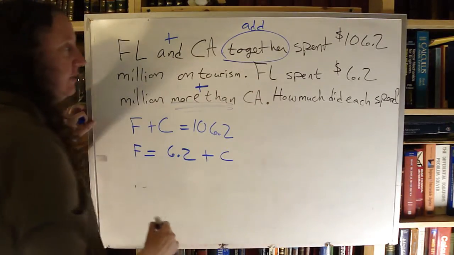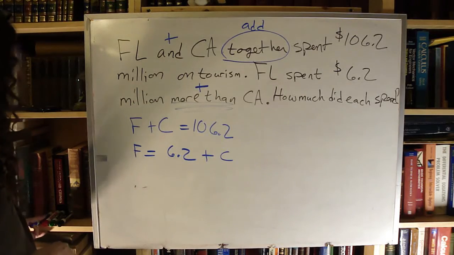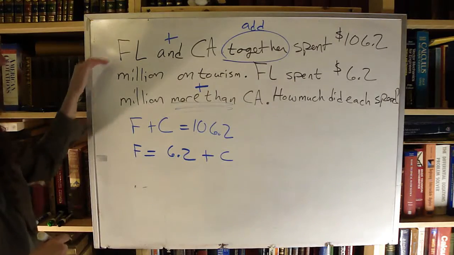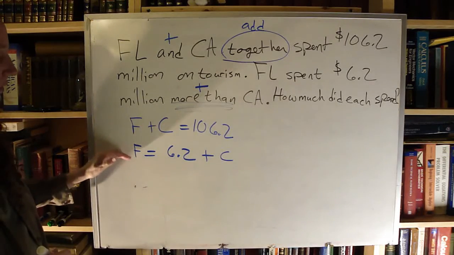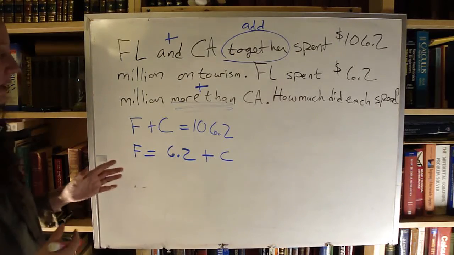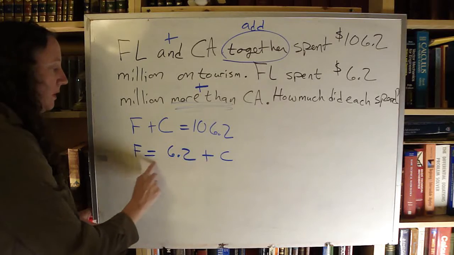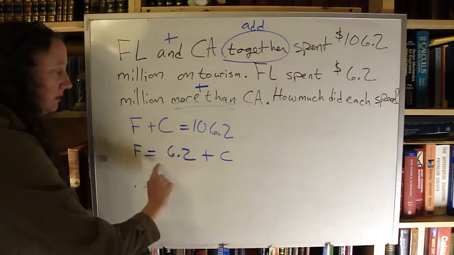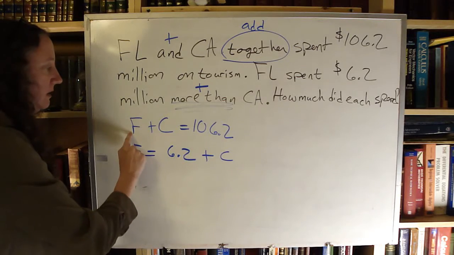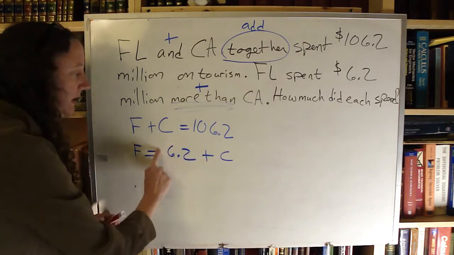How much did each spend? I translated each sentence into an algebraic equation. Now I need to solve it. Here I'm being told what Florida equals, what F equals, so I can take my F here and replace that with what it equals.